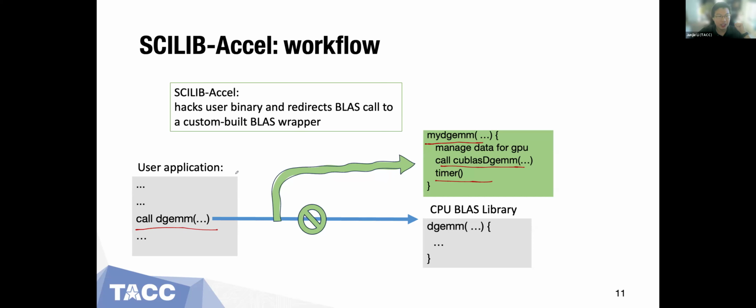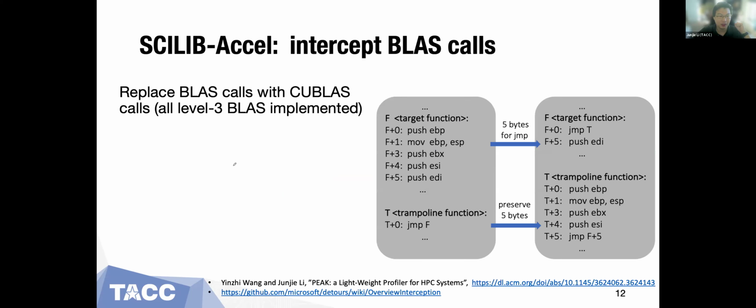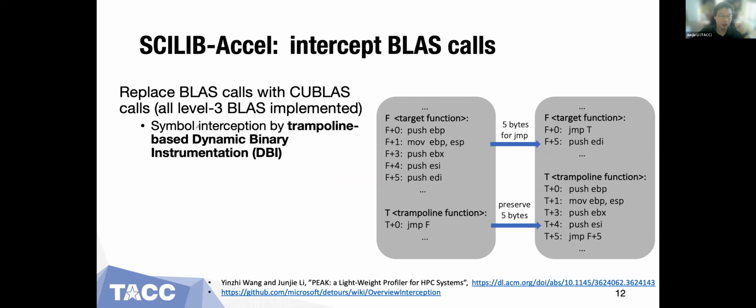So how can we do this hacking and redirection? It turns out that it is a very mature technique in computer science. I use trampoline-based dynamic binary instrumentation to intercept the symbols. On the right is a simple example of a trampoline, written in assembly.